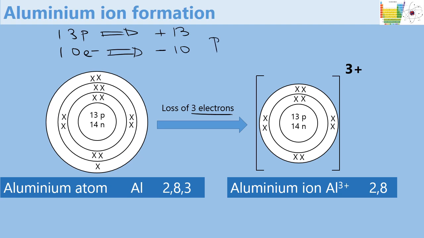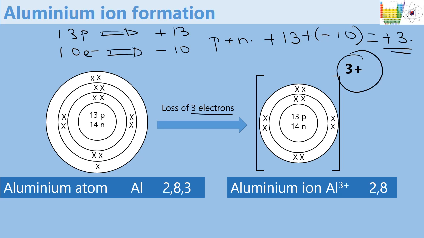When we add the proton charge and the neutron charge, we have positive 13 plus negative 10, giving us positive 3. And that is why the charge is written as 3+. We just interchange, because when you're writing the charge of the ion, we start with the number and then the sign.